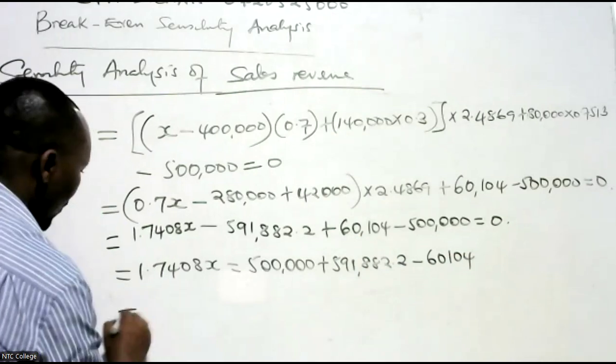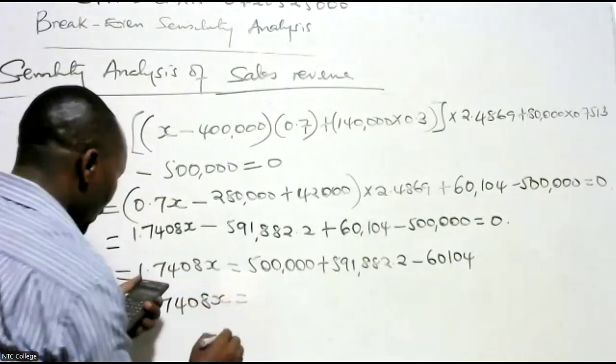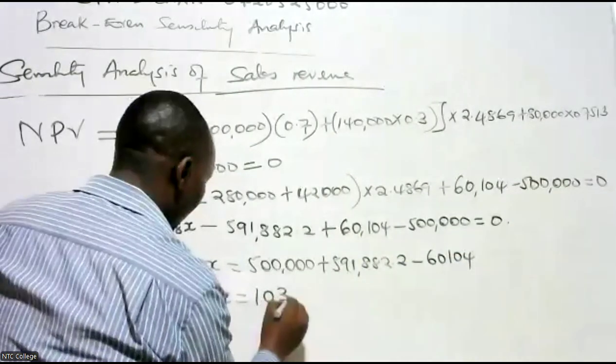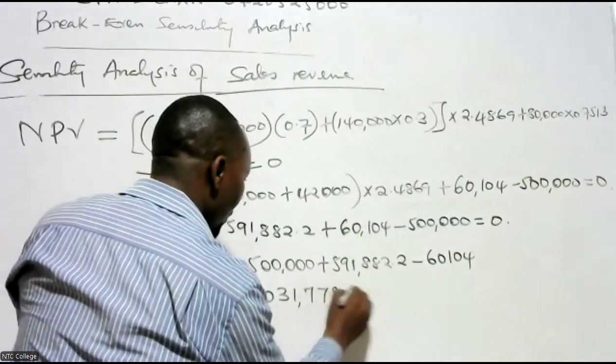So we are saying that now 1.7408X is equal to 1,031,778.2.